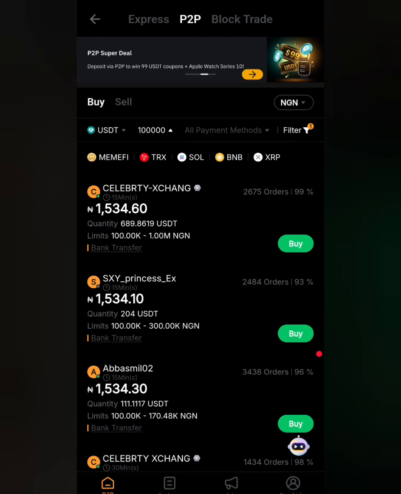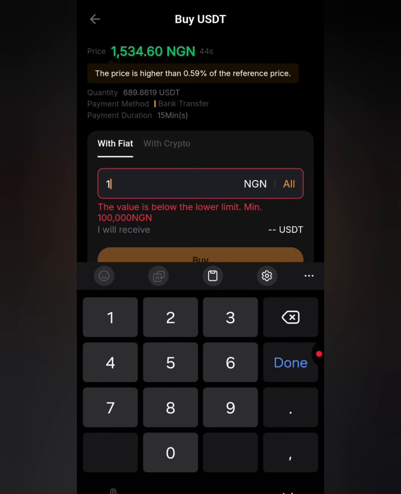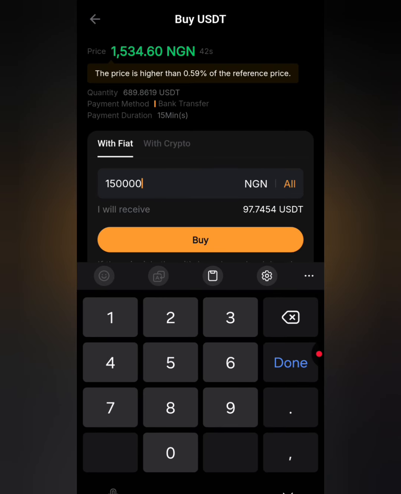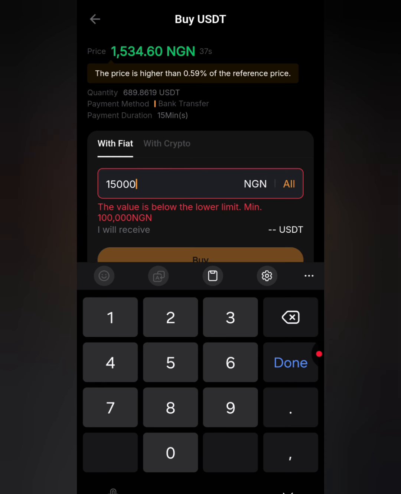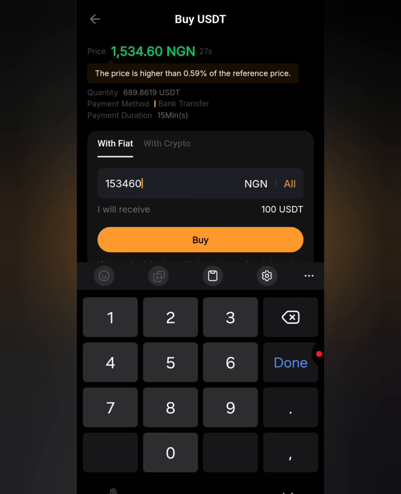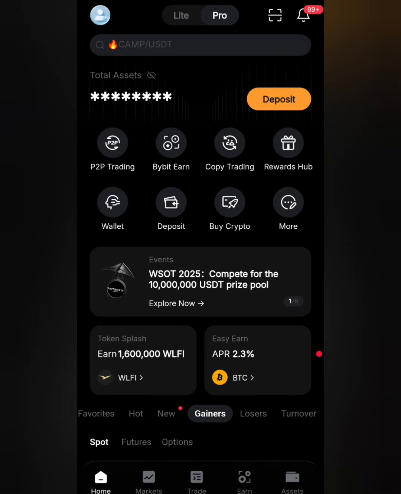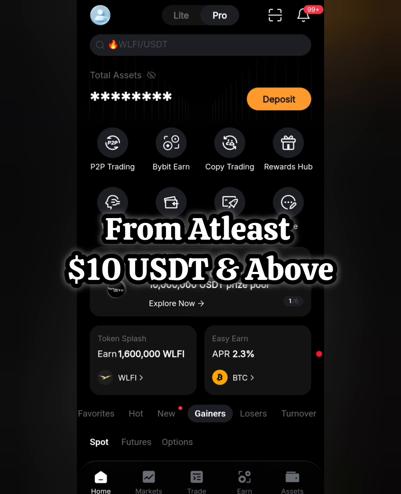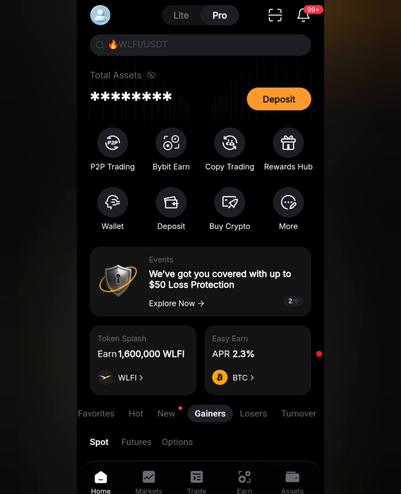We just leave this on all, then you click on the buy button, and then you put in the amount in naira you want to use to purchase this. About 150,000 will give you about 97.7 USDT. So for 100 USDT you'll need about 153,460 naira, and you can purchase from at least 10 USDT and above depending on how much you want to use to start the spot trading.